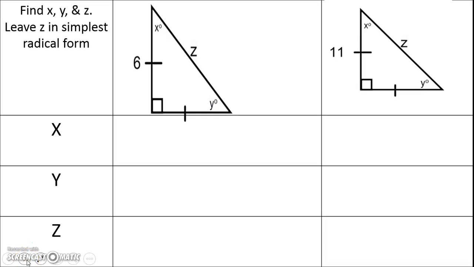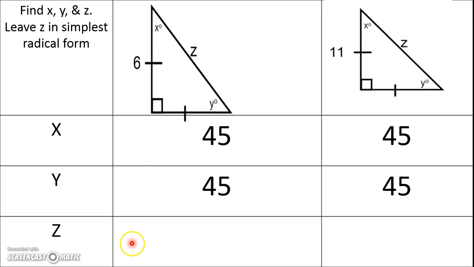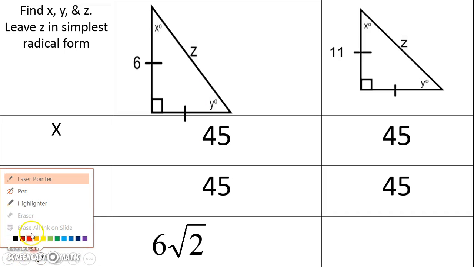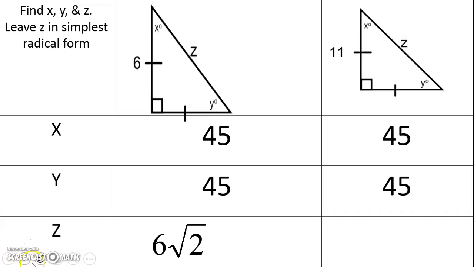The second ones, again, you have an isosceles right triangle in each, so both are 45. Since the legs are 6, z should be 6 root 2. And then also 11 root 2.